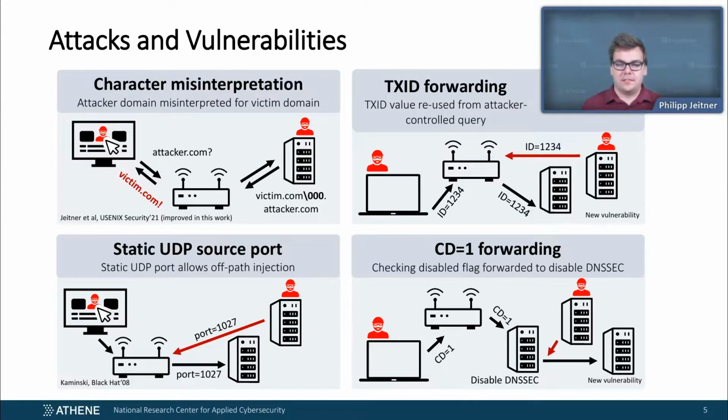protect against attacks. And finally, the 4th attack, which we considered, is checking disabled forwarding, which is a flag in the DNS header, which tells a resolver to disable DNSSEC processing. What some routers do is forward queries which have this flag set to the upstream resolver, which tells the upstream resolver to disable DNSSEC checking.